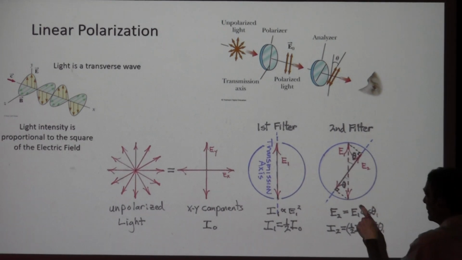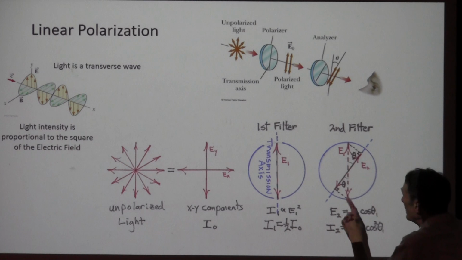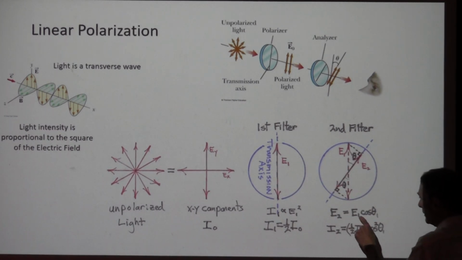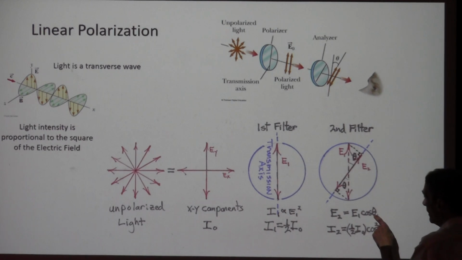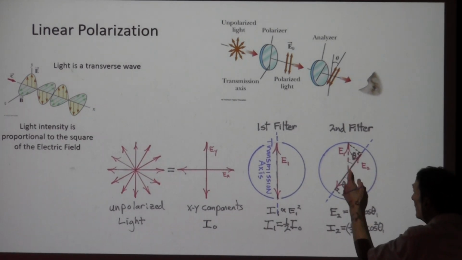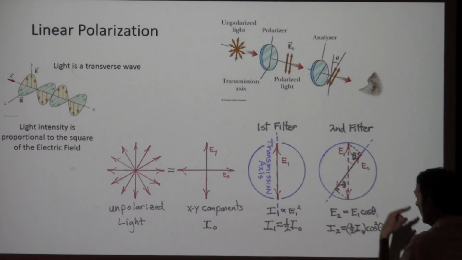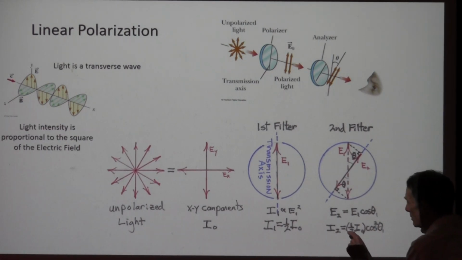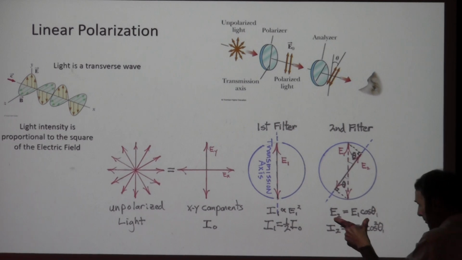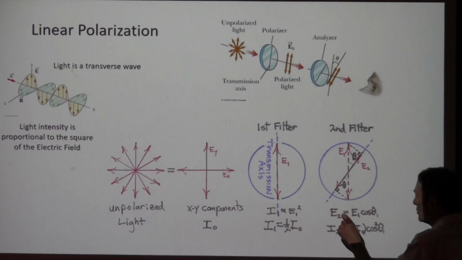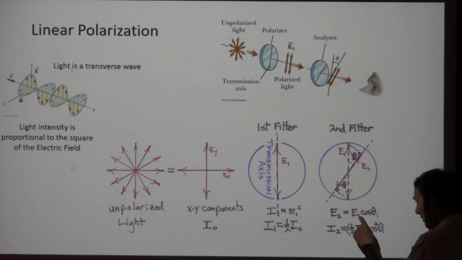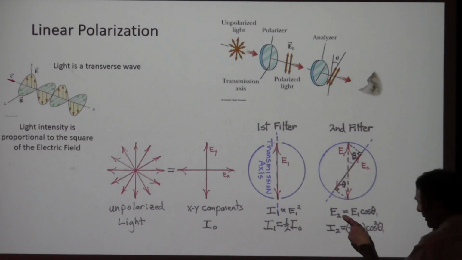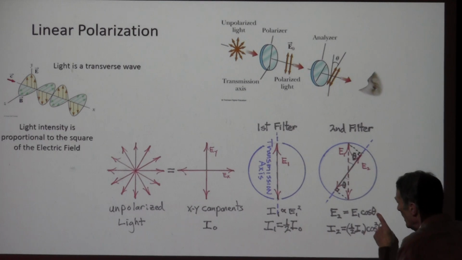So this is going to be E2, the electric field coming out of this one, and it is going to be equal to E1 times the cosine of theta. And that would be the angle between the polarization and the axis. Then the intensity is proportional to the square of the electric field, so I'm going to end up having to square this.